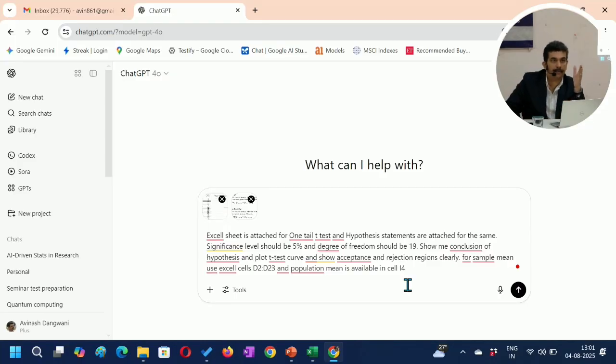Now we need a sample mean, we need a population mean, we need a standard deviation which will be calculated automatically, and we have specified the sample size also, 20.